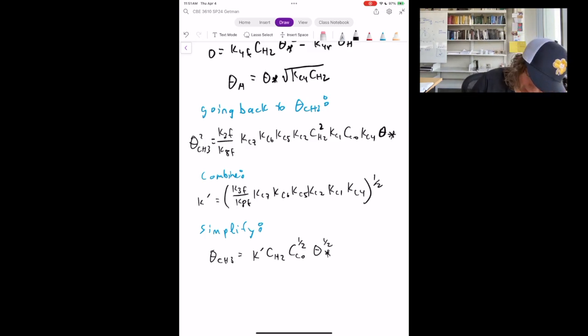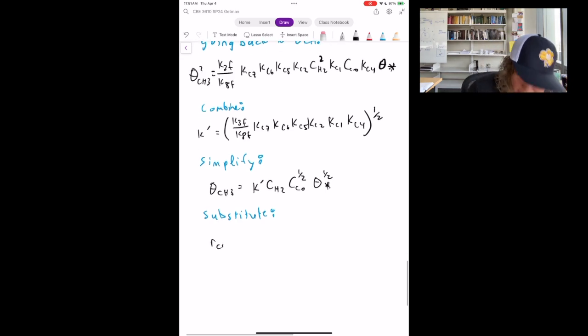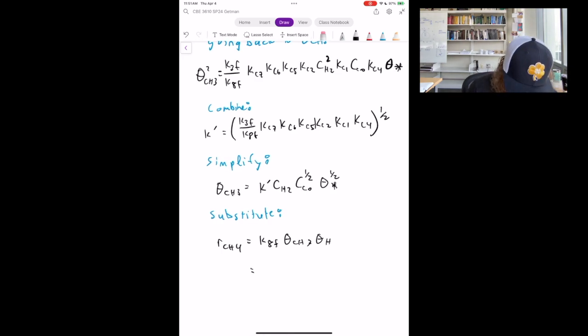Okay, so now we can put this back into our rate law, finally. So you can say RCH4 is equal to K8F times theta CH3 times theta H, and we now know that this is going to then be equal to K8F K prime CH2 theta H CCO to the 1/2, and then theta star to the 1/2.